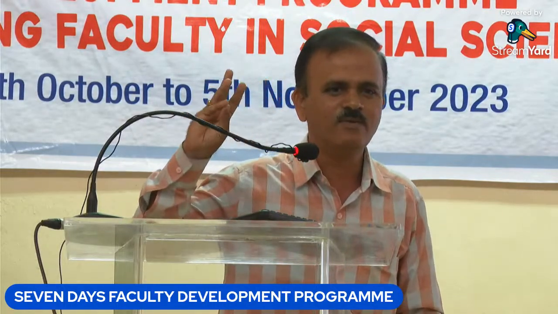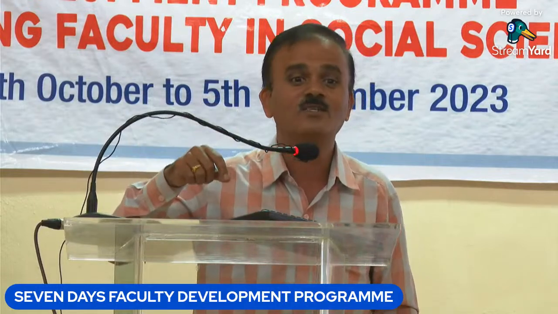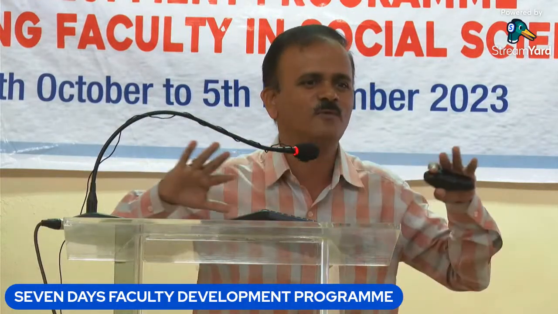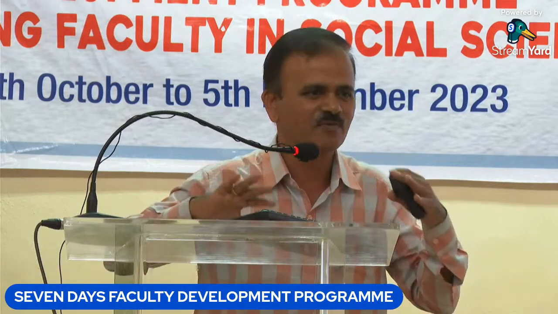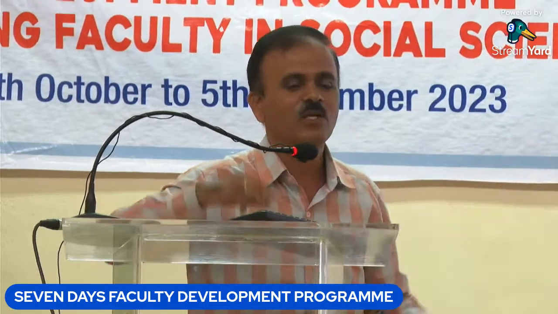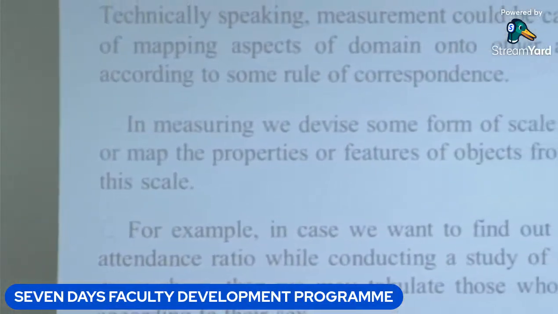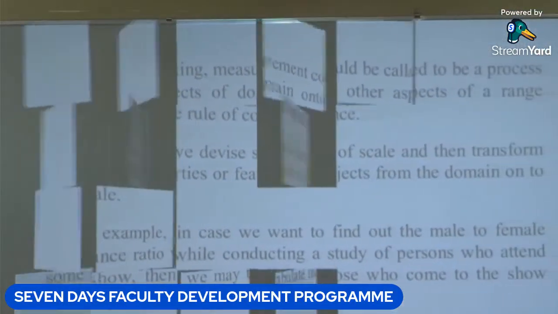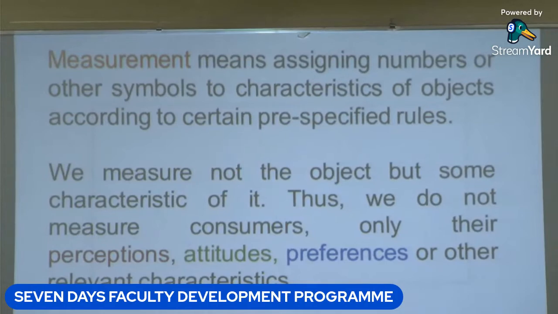The first is nominal, the second is ordinal, the third is interval, and the fourth is ratio scale. That means all the information can be classified into these 4 scales. That is called the primary scale of measurement, which includes both quantitative and qualitative variables. So already we have noted that, hence we need not get into that.